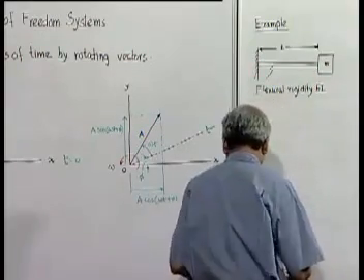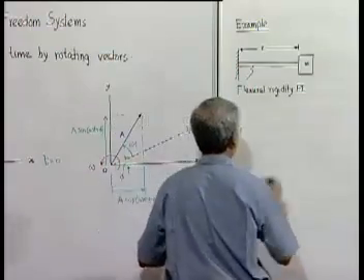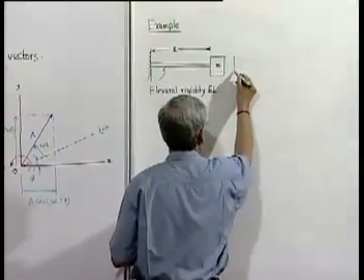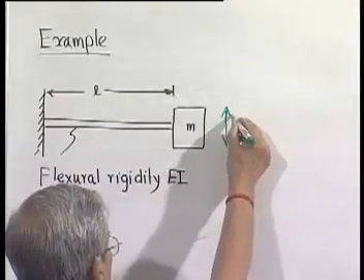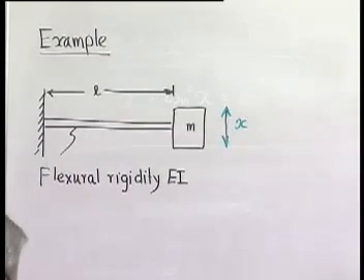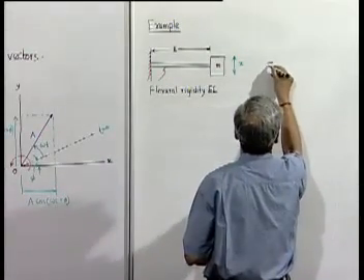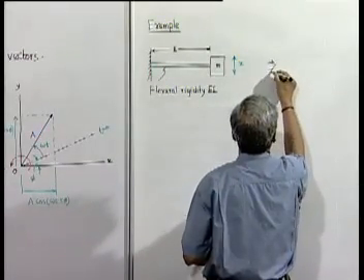Now, we know in this case the motion is going to be up and down motion. So, therefore, we can actually treat this problem with a lumped parameter model.